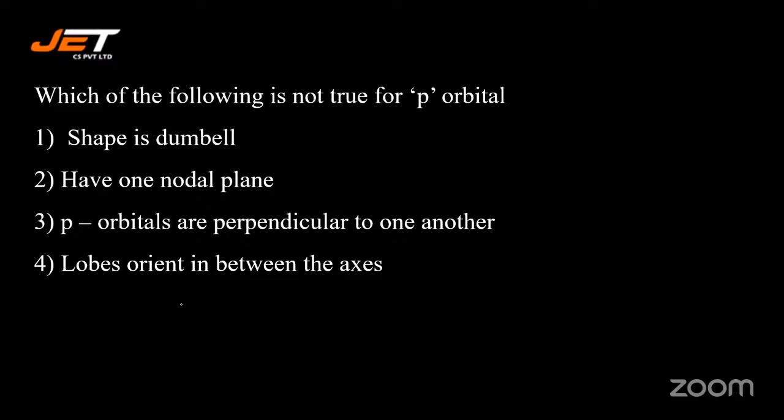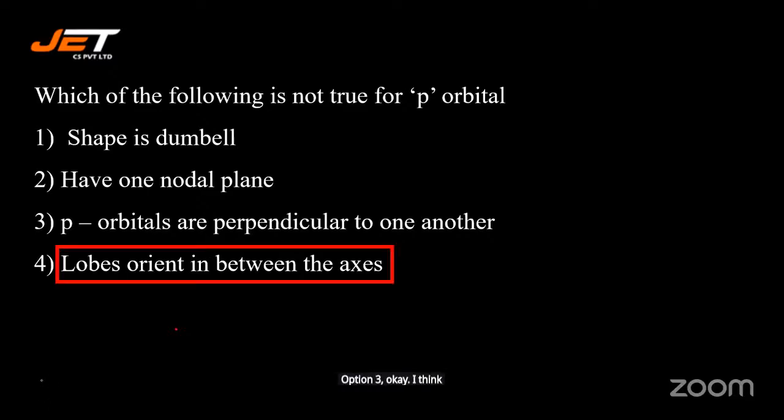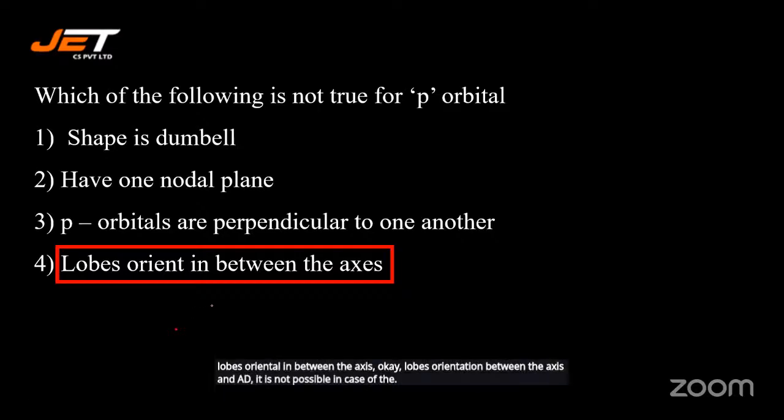ఇందులో ఏదమ్మా wrong? No idea? Harsha is mentioning it as option 3. Okay. I think it is the right answer. Lobes orient in between the axes. Okay, lobes orientation between the axes అనేది it is not possible in case of the p orbital.